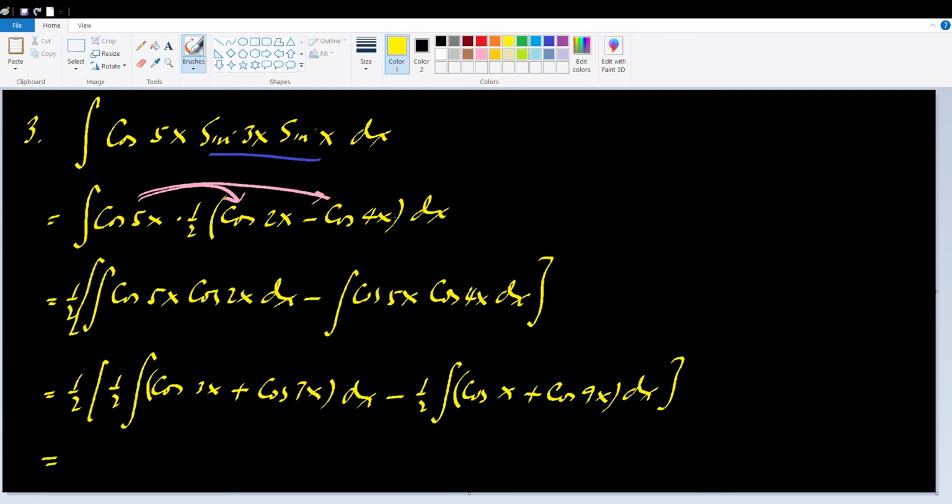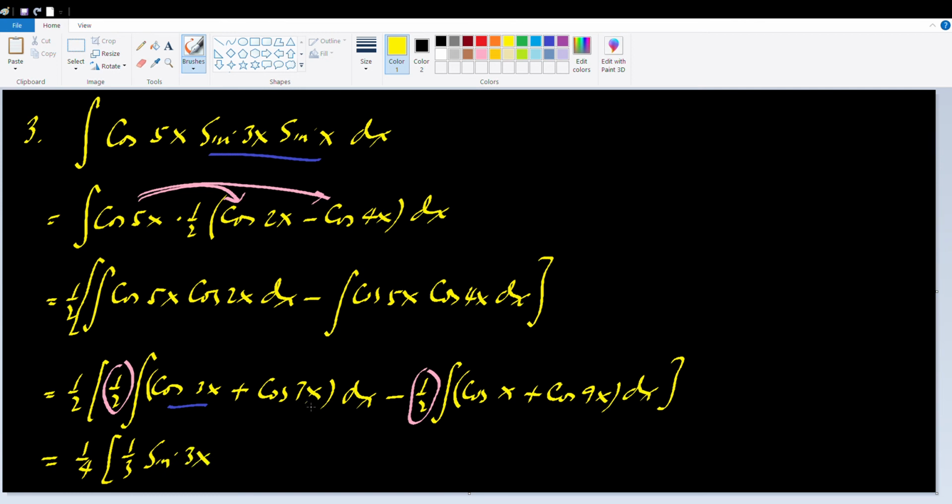So we can factor 1/2. And it joins with 1/2, which is now equal to 1/4. And we integrate each term, beginning with cosine 3x, which is 1/3 of sine 3x.